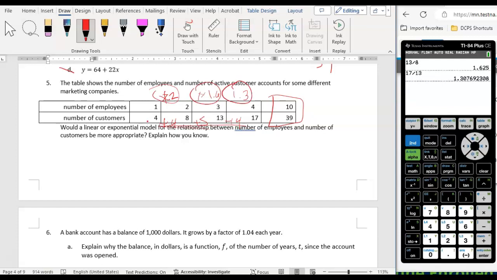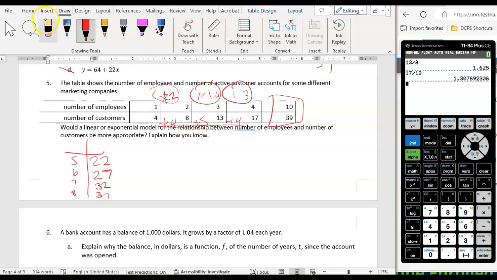If we were to keep adding by, let's say, 4 or 5, if we continue this, 5, 6, 7, 8, we would get, let's say we add 5, we would get 22, 27, 32, 37, right?